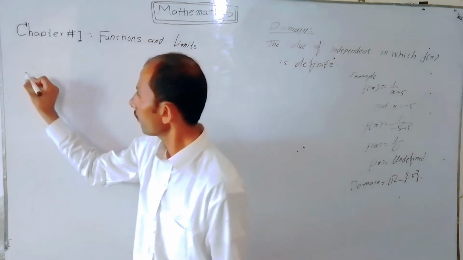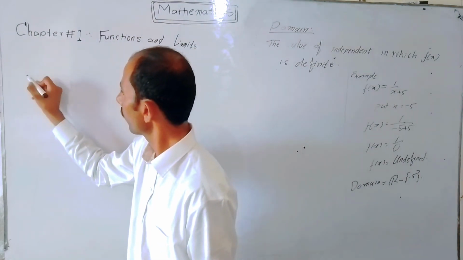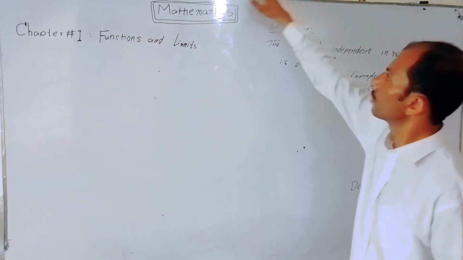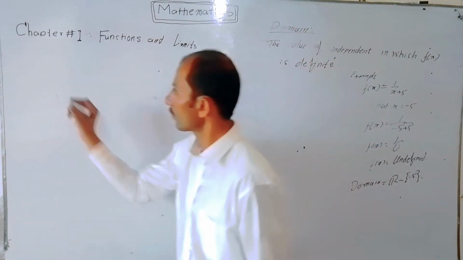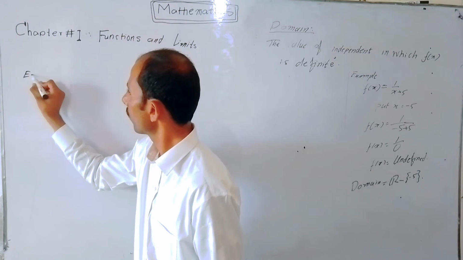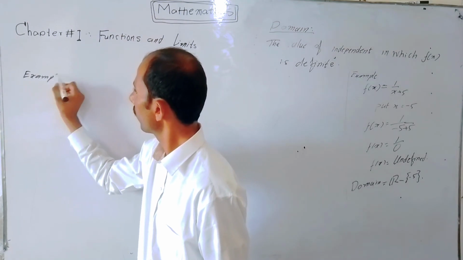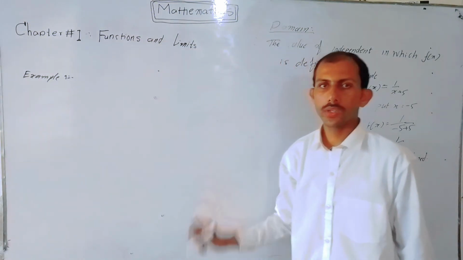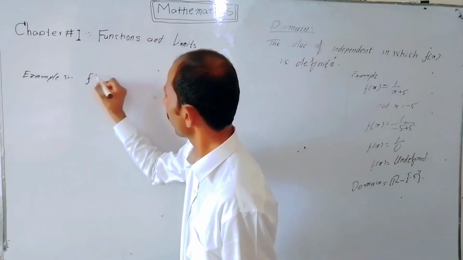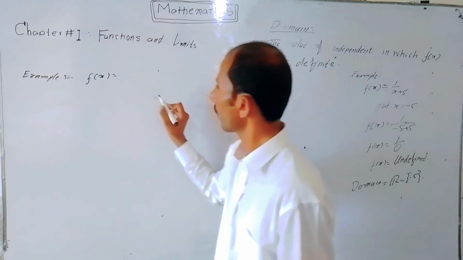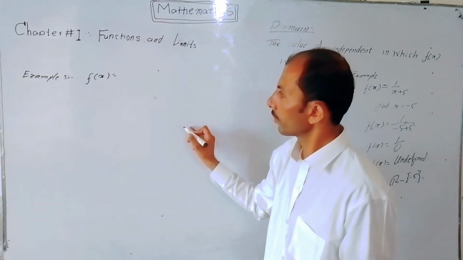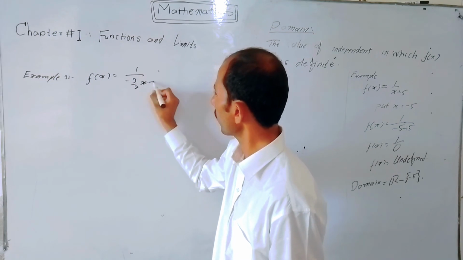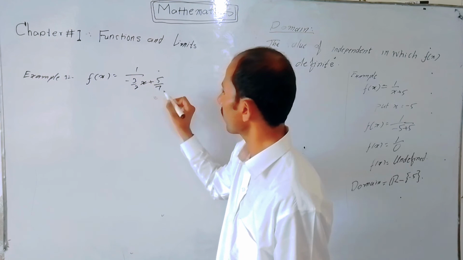Example number 3. f of x is equal to one divided by minus 3 over 2 x plus 5 over 7.